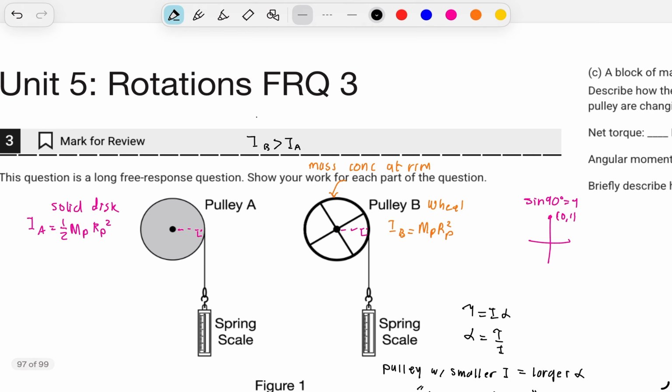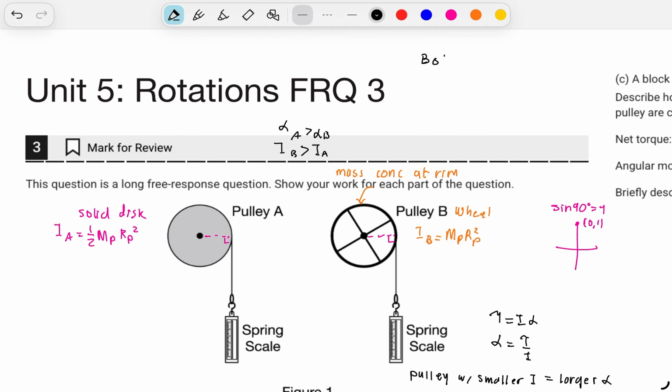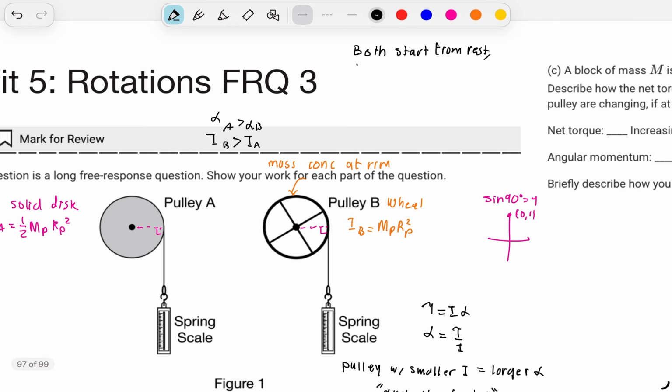So that means your alpha A is going to be greater than your alpha B. And because both of the pulleys start from rest, the pulley with a larger alpha will reach one revolution sooner.